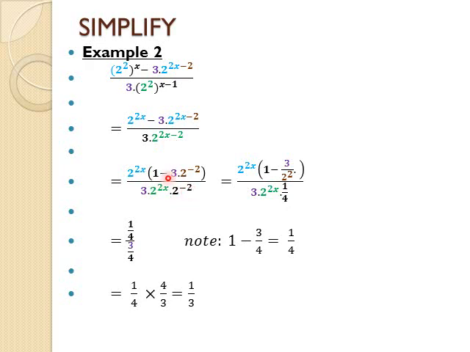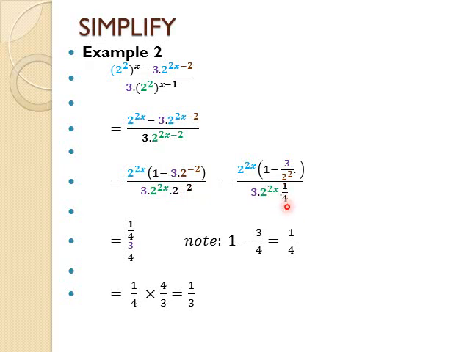Now we must simplify the bracket. So I have 1 minus 3 times 2 to the negative 2, and 2 to the negative 2 becomes 1 over 2 squared, which is 1 over 4.